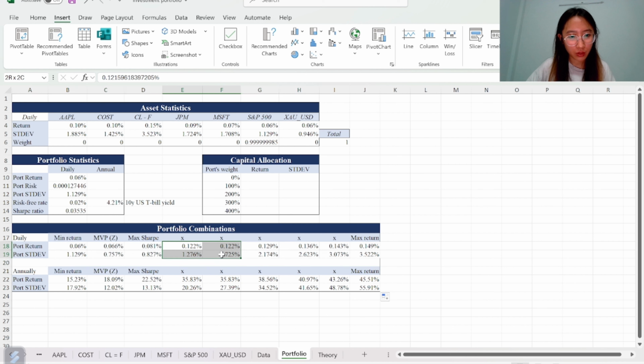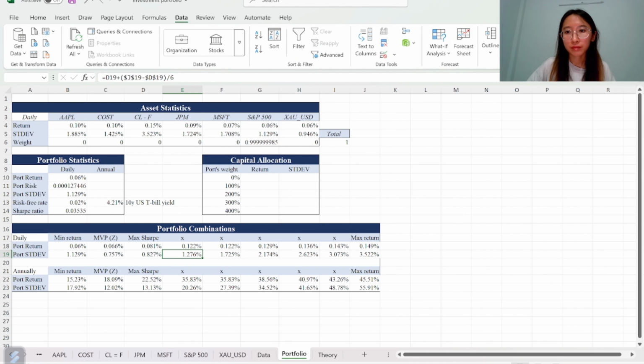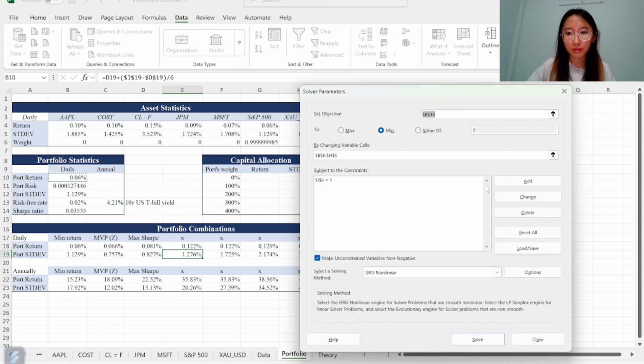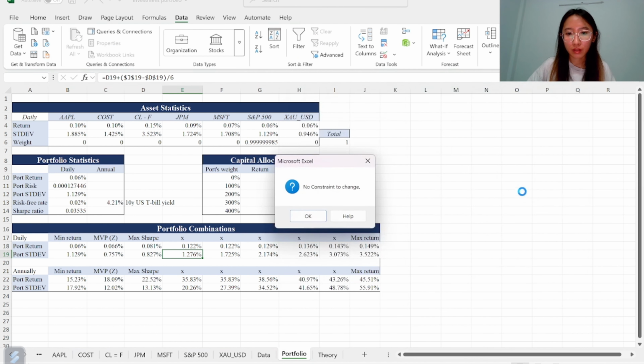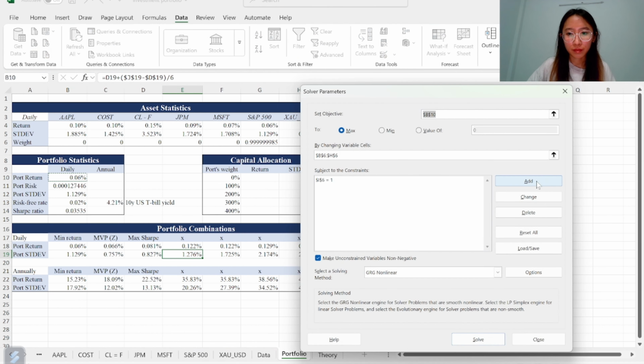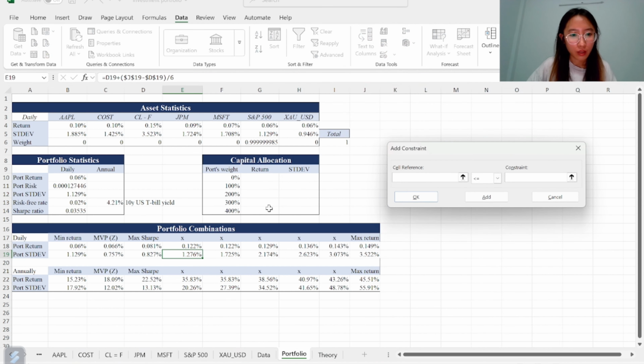So there's something going on here, and I will make it again. Because the returns for these two portfolios are the same, I will make it again to see what went wrong.